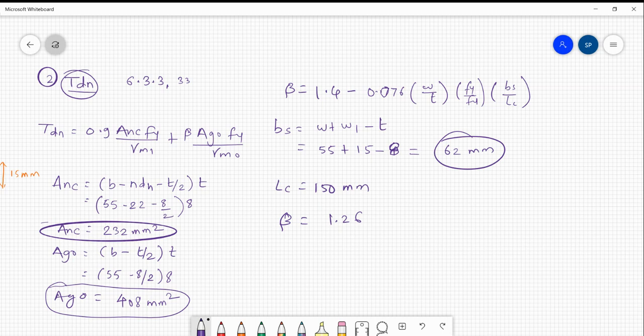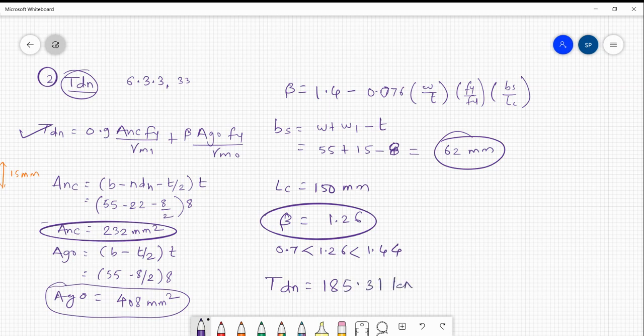This beta value should be in the range 0.7 to 1.44. So we are satisfying this. So you can continue with this beta value. Now putting all these values in the expression of TDN, you have to calculate TDN and it comes out to be 185.31 kilonewton.